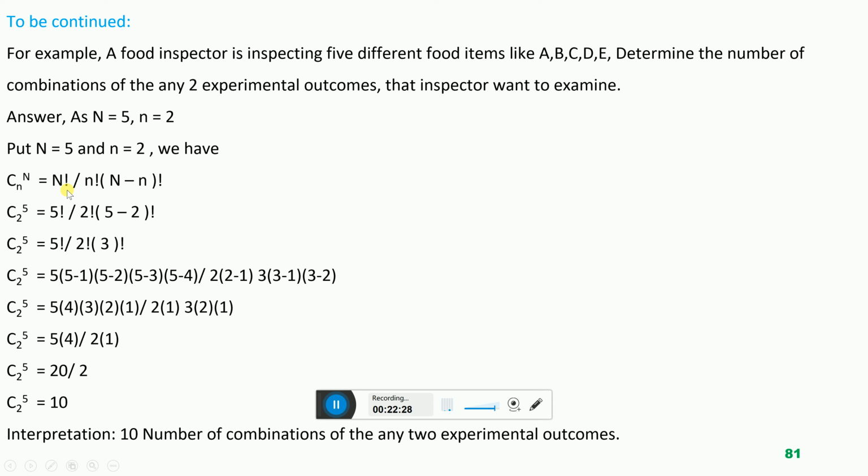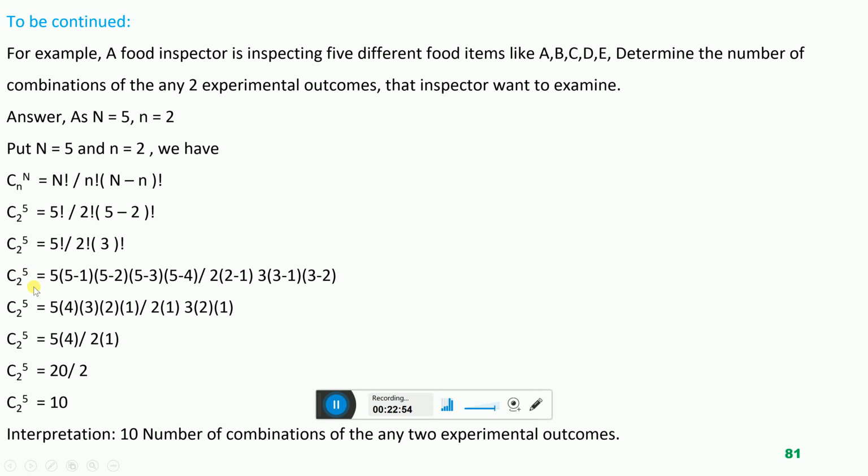For N we replace 5, so this is 5 factorial, whole divided by 2 factorial, because small n is 2, and (5 minus 2) whole factorial. C for combination, C 5 2 is equal to 5 factorial divided by 2 factorial and 3 factorial.